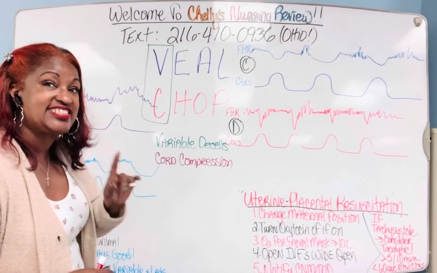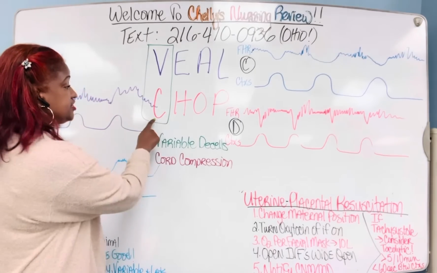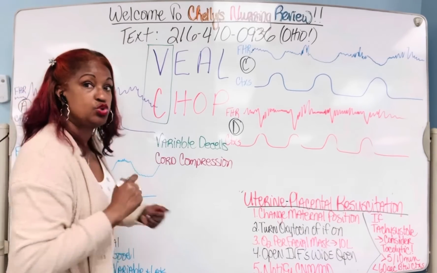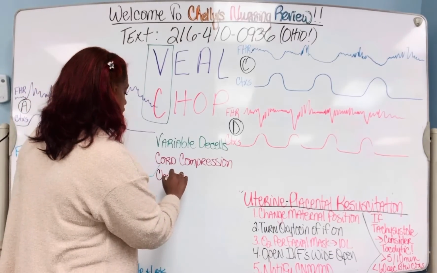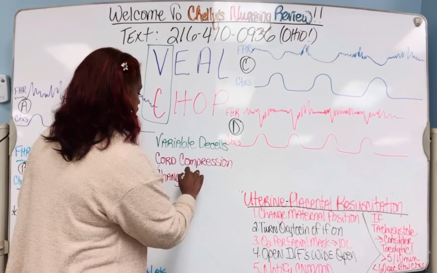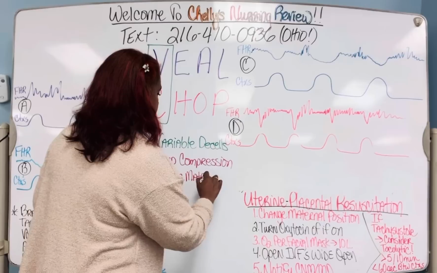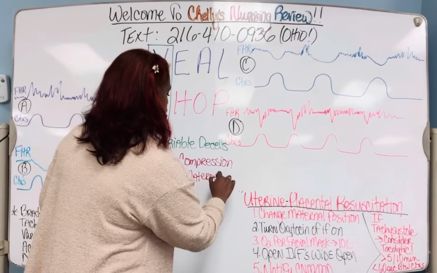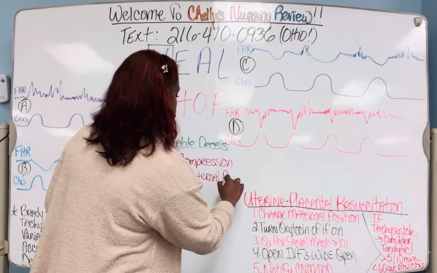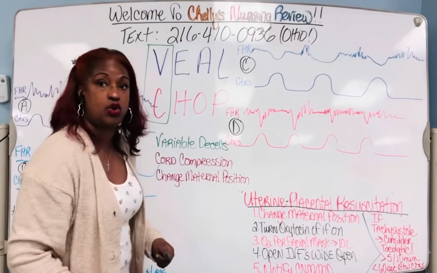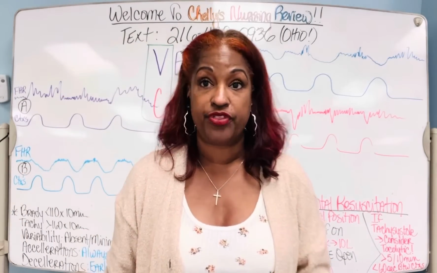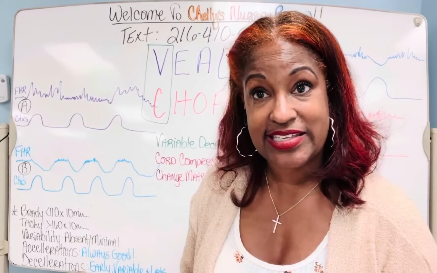But get this, I'll take you a step further. The C also tells you what to do about it. Your first nursing action is to change maternal position. So if she's on her right, turn her on her left. If she's on her left, turn her on her right. If she's been on both of those, put her on her hands and knees.